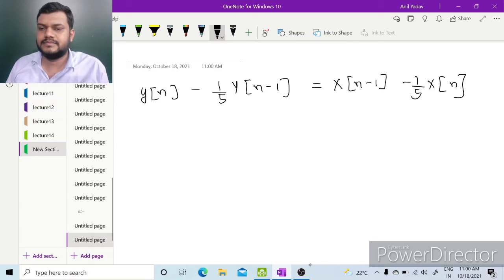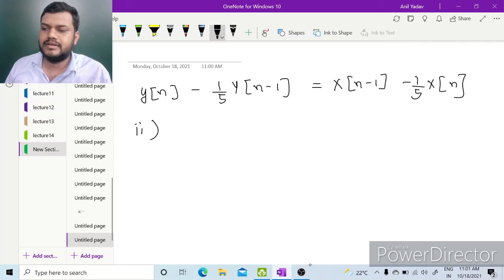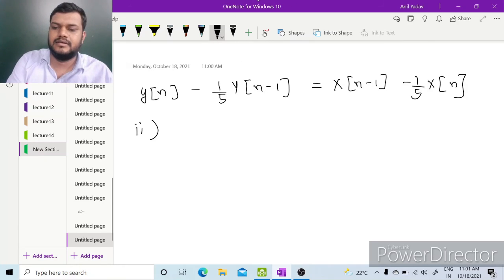Now in the second part, he is asking: if the system is invertible, the difference equation for the inverse system will be.